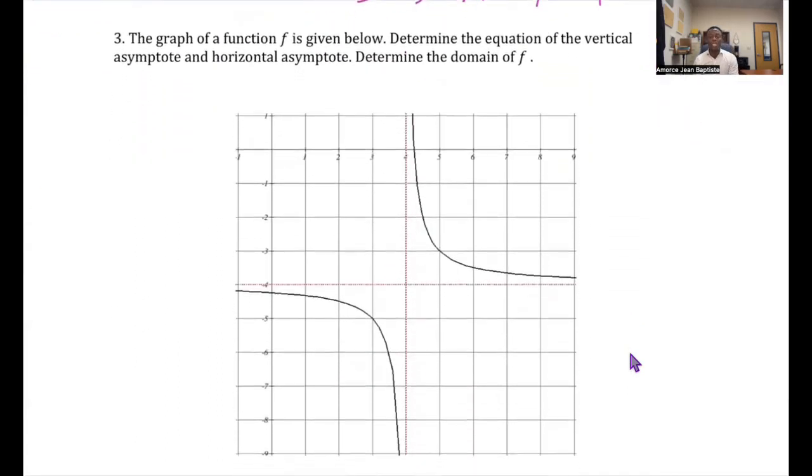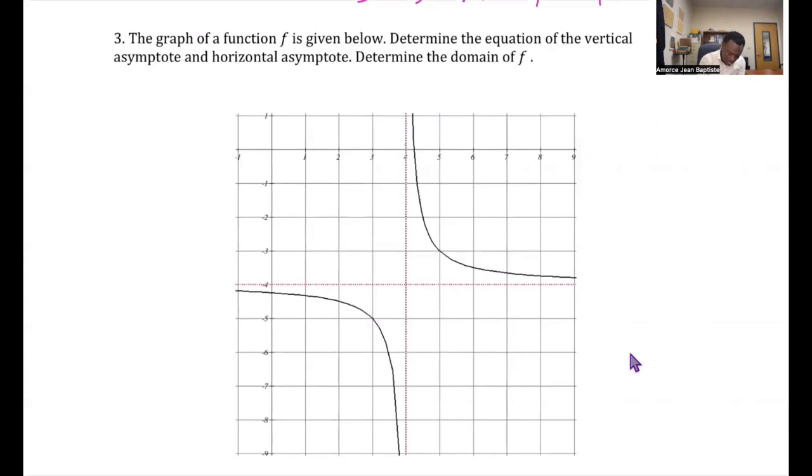Now, when the graph is given to you, the line where the graph passes through determines the equation of your asymptotes. Now, this is the graph of a rational function. And they want you to find from this graph the equations of the asymptotes, the horizontal asymptote and the vertical asymptote.